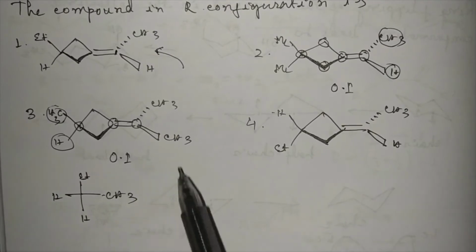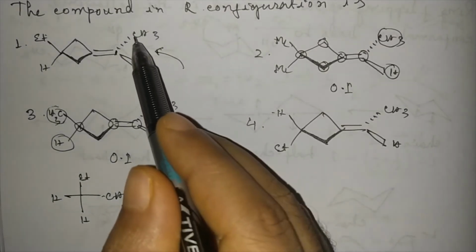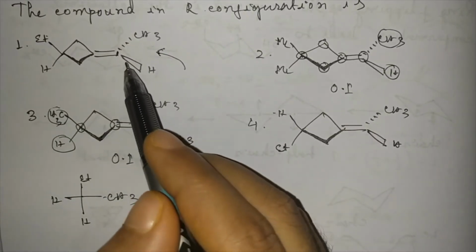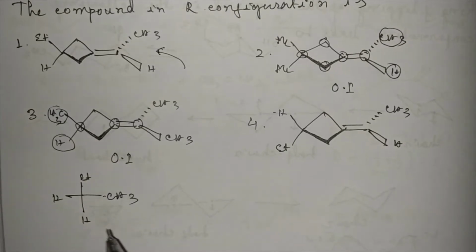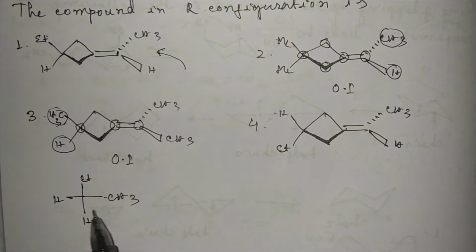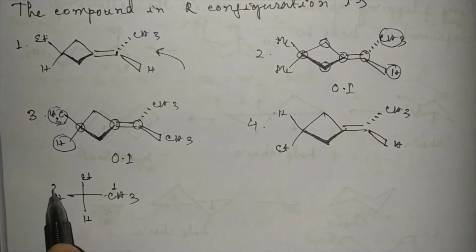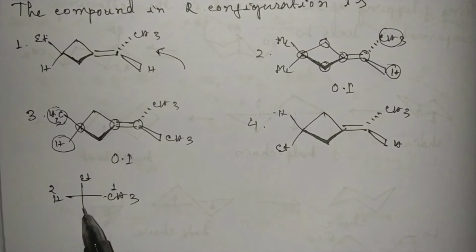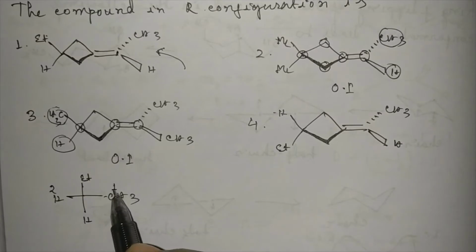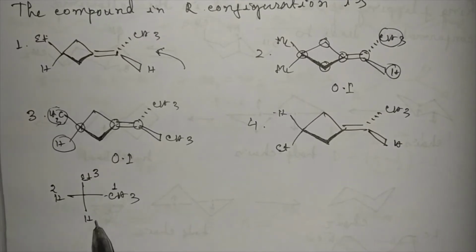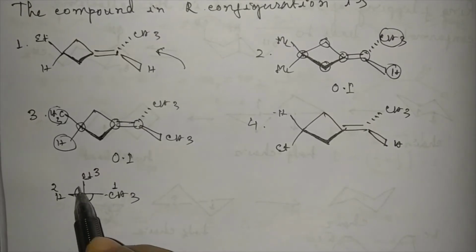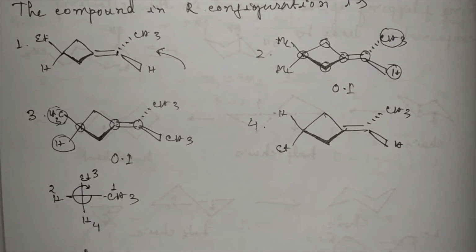We have to give preference to the front carbon: the groups in the front carbon precede the groups in the back carbon. So these two groups are in the front carbon, so we number this as 1 and this as 2, and for the two groups in the back carbon this is 3 and this is 4. Now we have to rotate our eye in this direction, and so this configuration will be R.